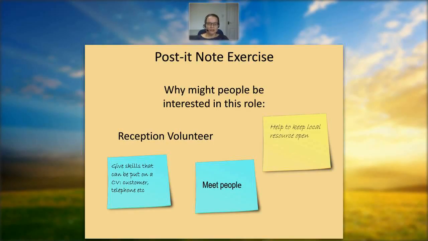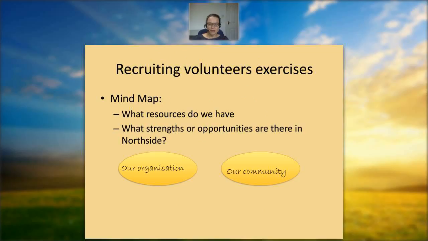I don't think I'm going to recap the post-it note exercise, but I will remind you that it's in the Moodle book for last week, week 3, and it would be a good exercise to do, especially in preparation for our chats on assignment 2. Again, I suggested doing a mind map around the resources you have in your organisation that will help you recruit volunteers, from people to other things, money.